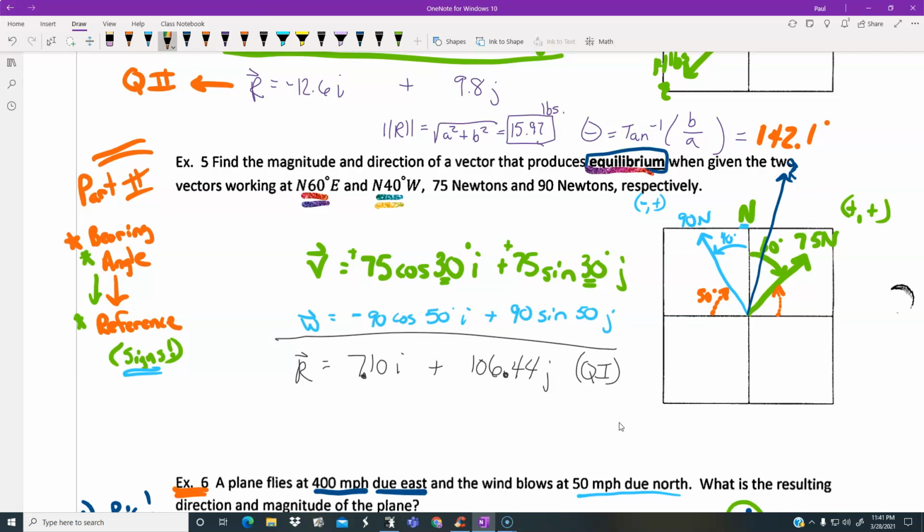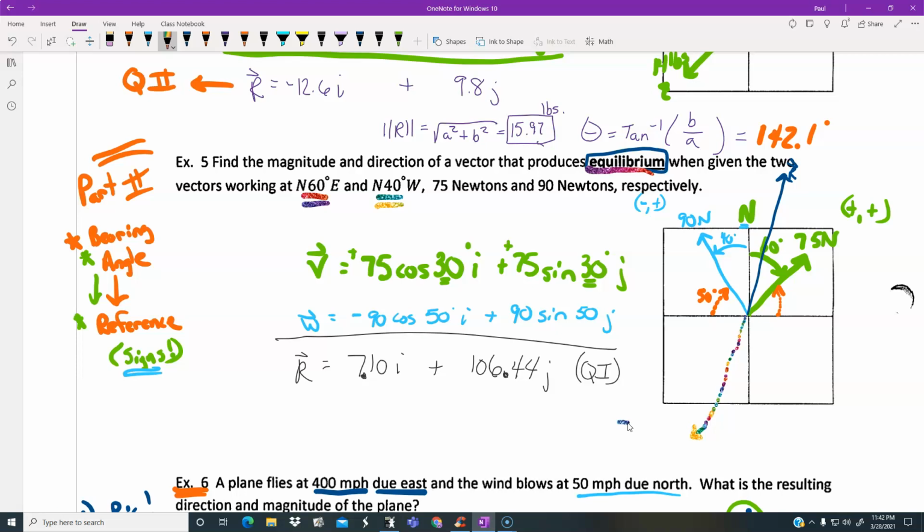So the question is what would I have to use as an opposite force to cause it to not move? Well, an opposite force would be a force that would go in absolutely the opposite direction, and that force would push it that way by that amount, and it would cause the object to be canceled out.